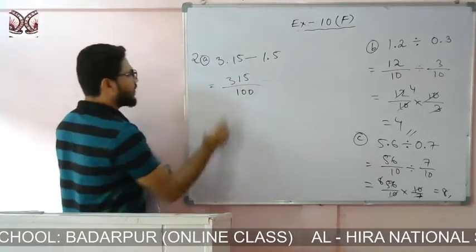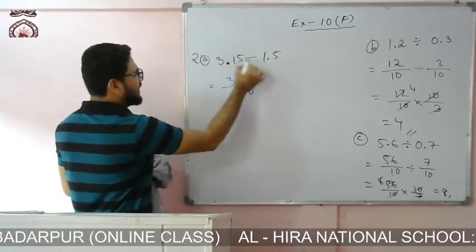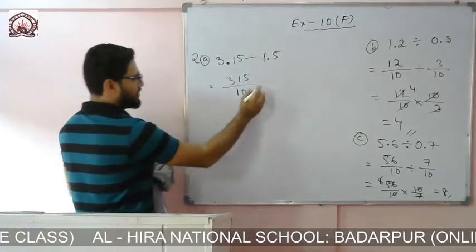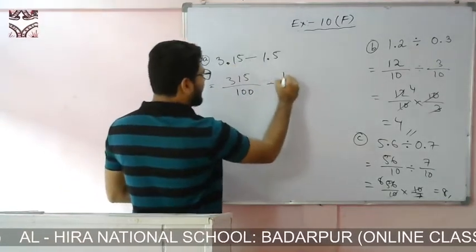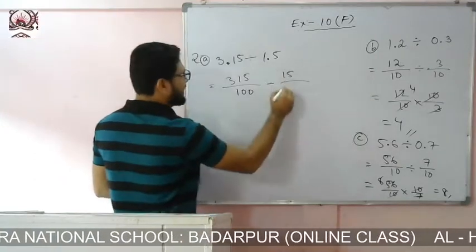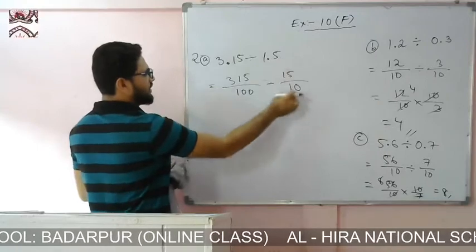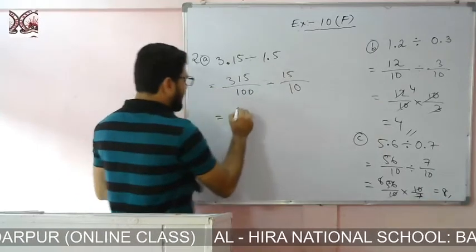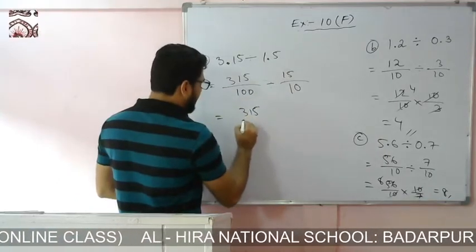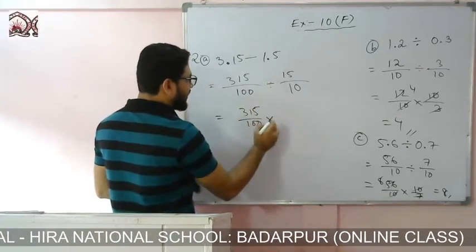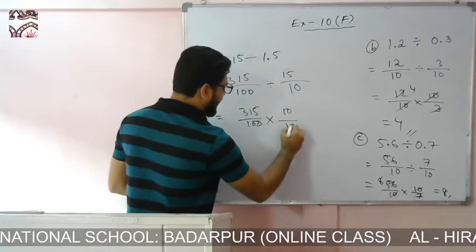Here you see 100 because after the decimal point there are 2 digits, 1 and 5. So we'll put 2 zeros. Then division. After that 15 will become 15 by 10, because after the decimal point 1 digit is there. So you can write 315 divided by 100, in place of division, into, then 10 by 15.